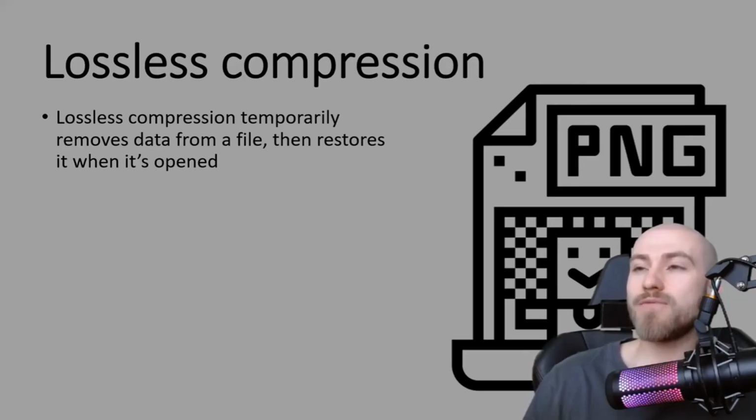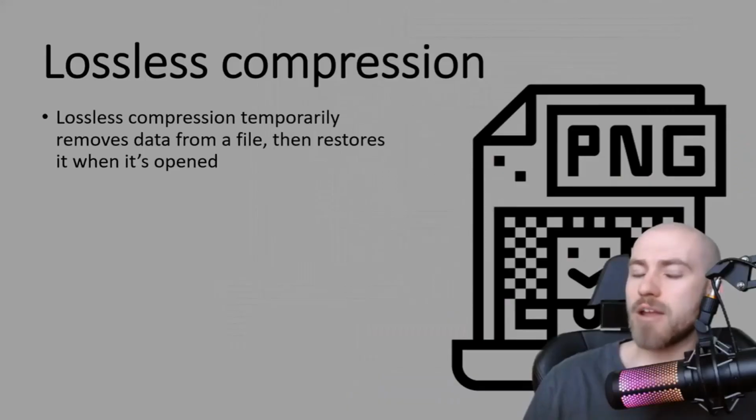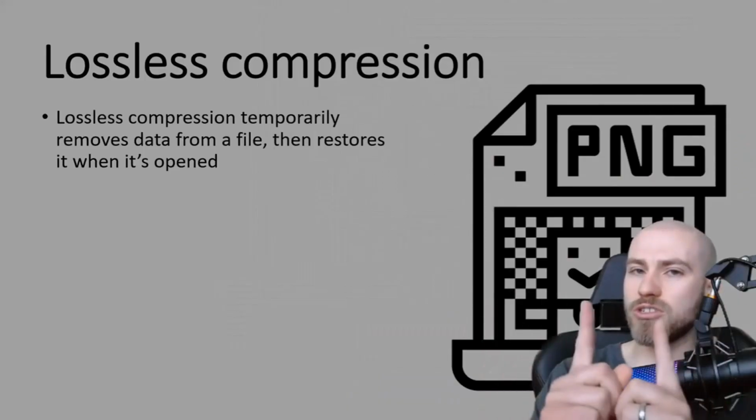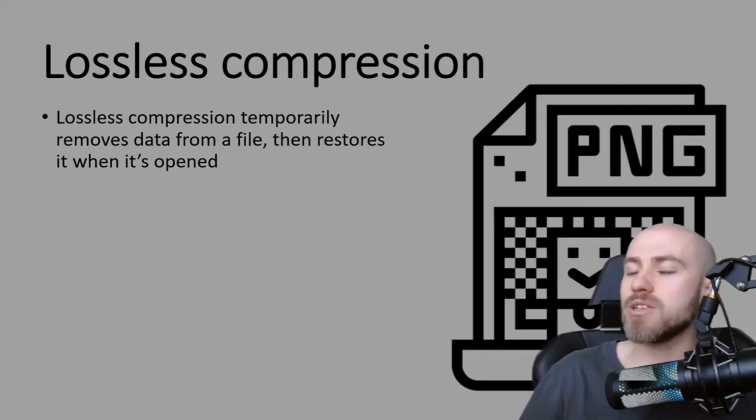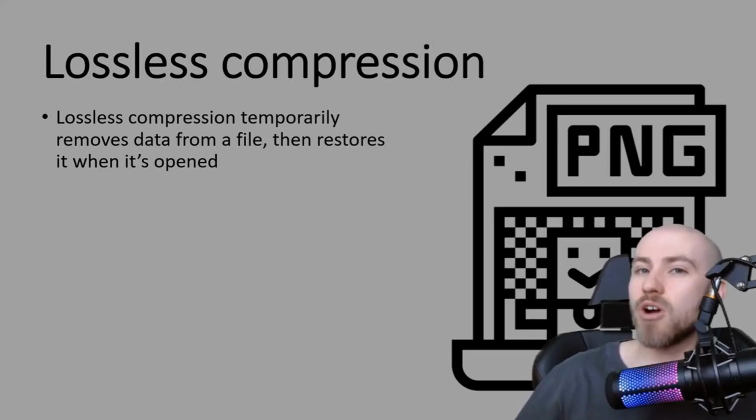If the next 50 pixels were all red, rather than saying red pixel, red pixel, red pixel, red pixel, it would just say 50 red pixels, which reduces the amount of binary information needed to store that image file. But when it comes to actually recreating that image, it would know exactly what information to include because all of the information is right there. It's just stored in a different way because of the algorithm.